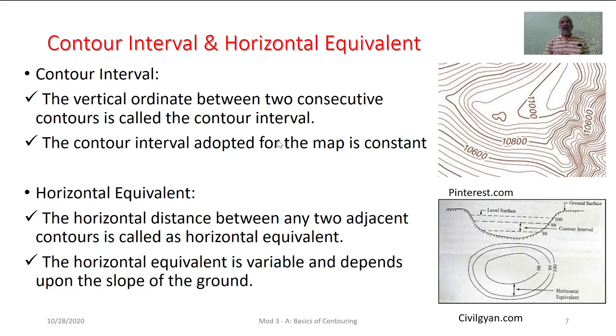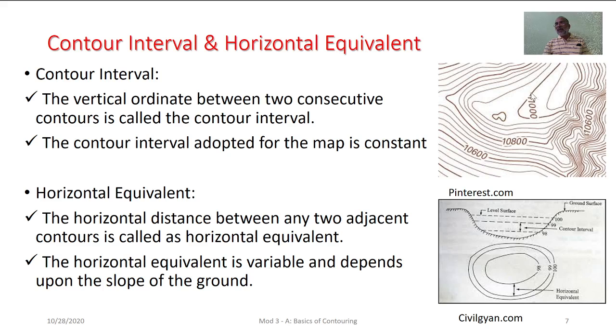Here, these two terms are important while studying any contour map. The way we consider the index contours, which are shown by thicker lines and which have four further contour lines in the form of intermediate contours.